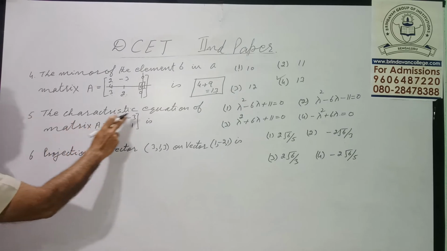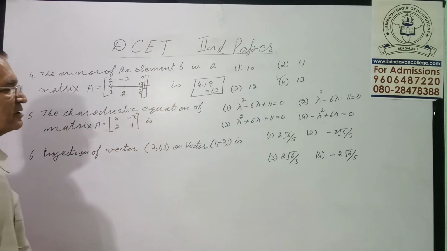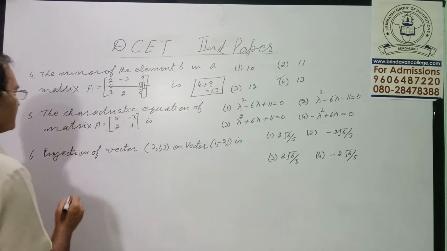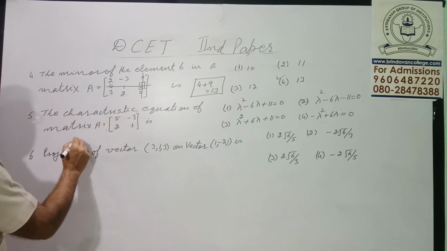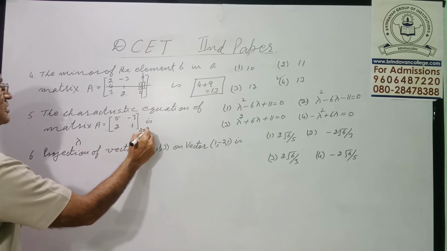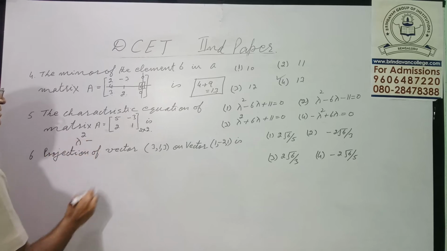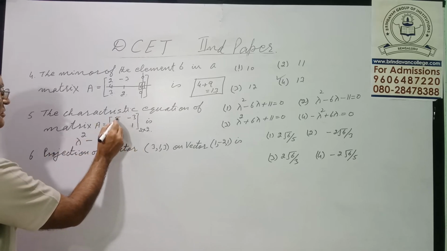Fifth one. The characteristic equation of this matrix. How to write the characteristic equation? Write down lambda, whatsoever is its order. Its order is 2 into 2, that is lambda square. Minus the sum of the diagonals.